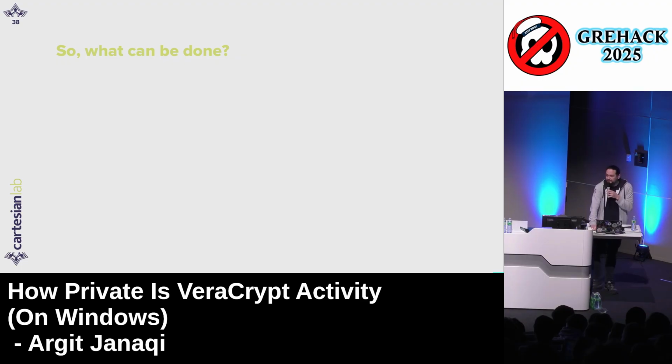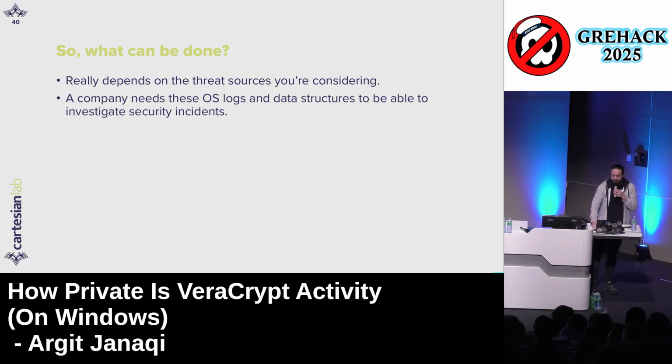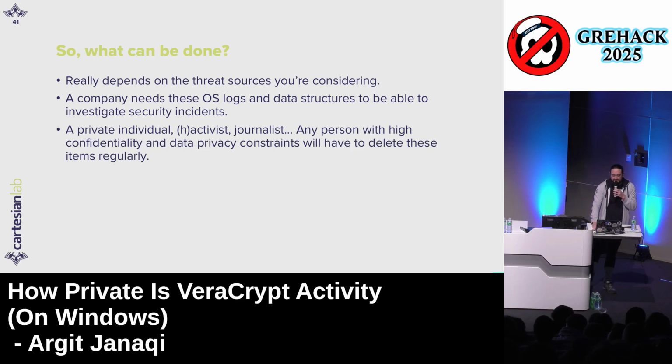What can we do then about this? It really depends on the threat sources you're considering, actually. A company needs these OS logs, data structures, to be able to investigate security incidents. But any private individual, an activist, a hacktivist, a journalist, any person really with high confidentiality and data privacy constraints will have to delete these items regularly. There are tools to do that.